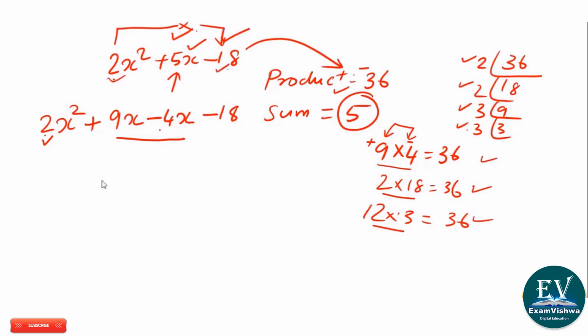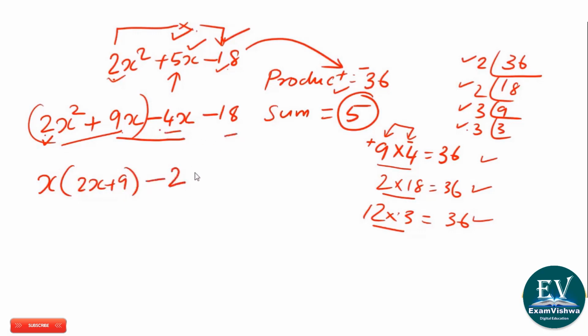Now, bringing the common factors together, if you group this, don't put brackets, simply for making you understand, we know that x is common here, so inside it will be 2x plus 9. And what is common in between?